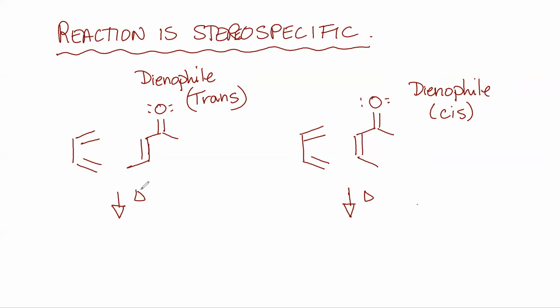Let's draw our little arrows here. So form a bond there, electrons move there, form a bond here. Form a bond there, electrons move there, form a bond here. So we're going to be making our 6-membered rings. Draw them in brown. So that's the first part.